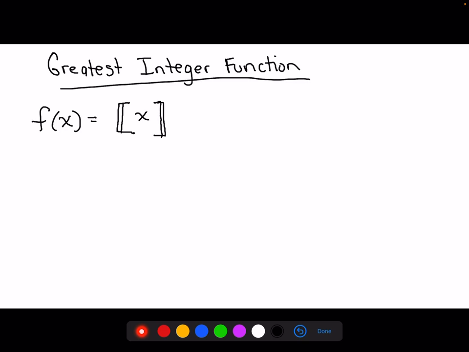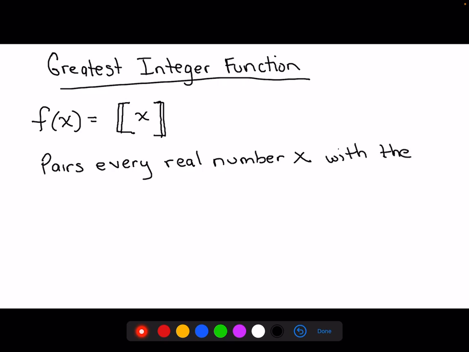Well, that's basically what it looks like, and it pairs every real number x with the greatest integer less than or equal to x.